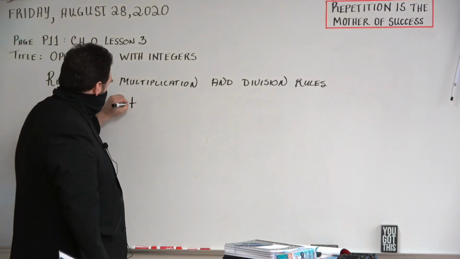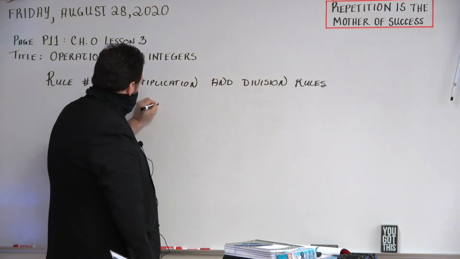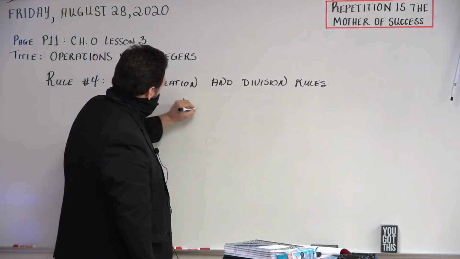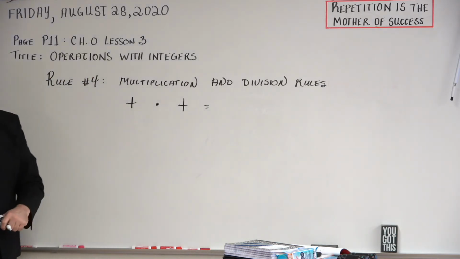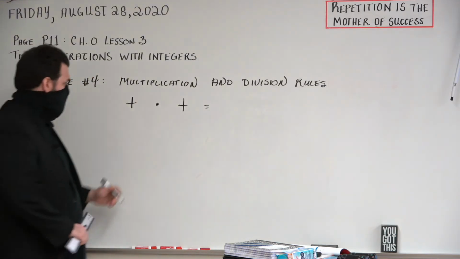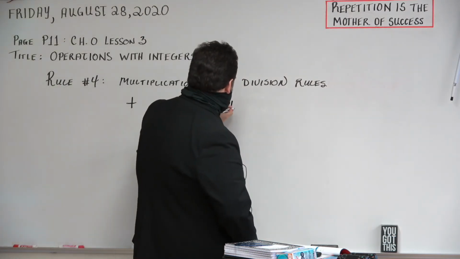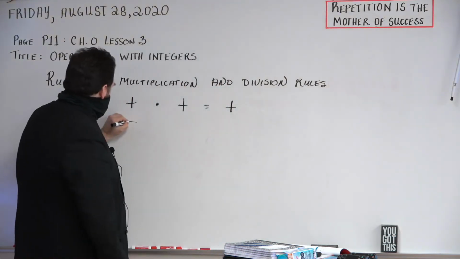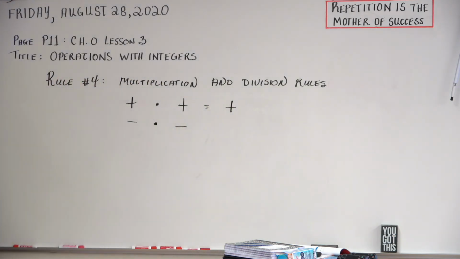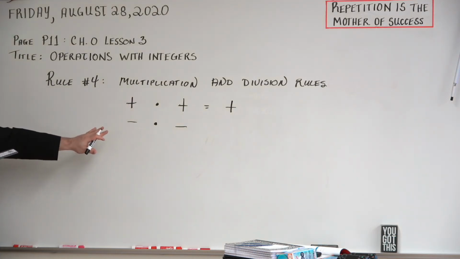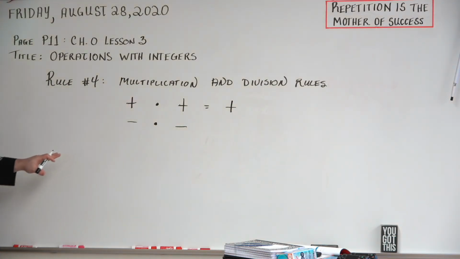Multiplying a positive number by a positive number equals, is it going to be positive or negative? Positive. A positive times a positive equals a positive. How about a negative times a negative? Positive. So back when we first started the rules, that's what y'all were thinking was, oh, he's going to write double negative?